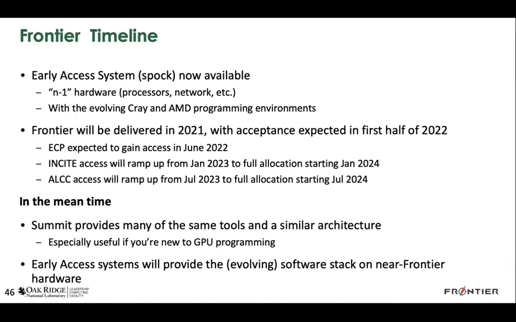So each Spock compute node consists of a 64-core AMD EPYC Rome CPU with 2 hardware threads per physical core. And it has access to 256 GB of DDR4 memory and is connected to 4 AMD MI100 GPUs.